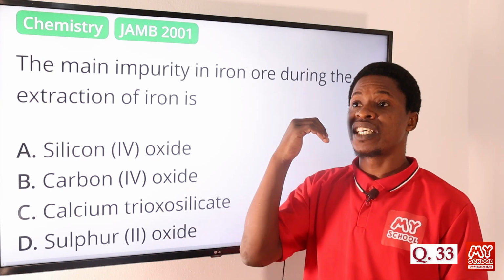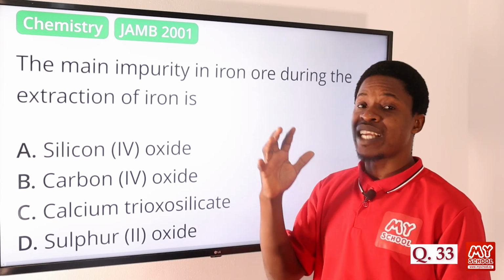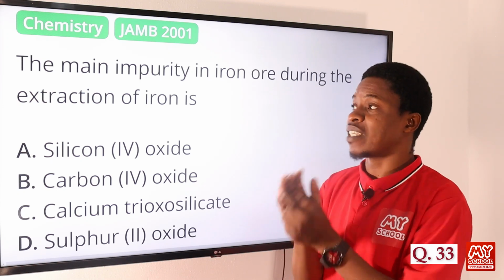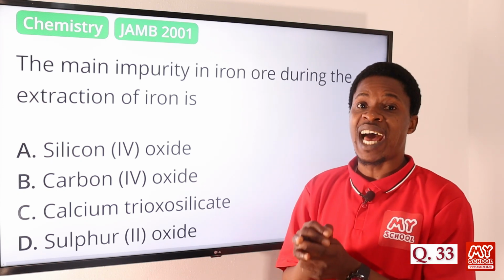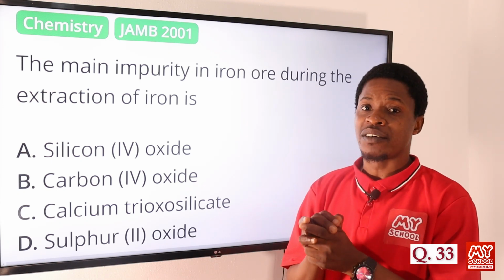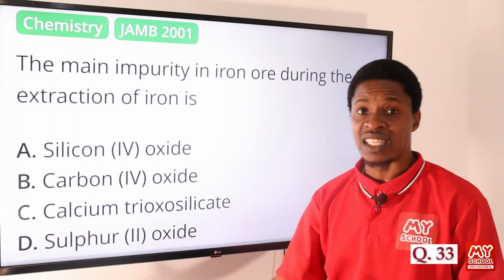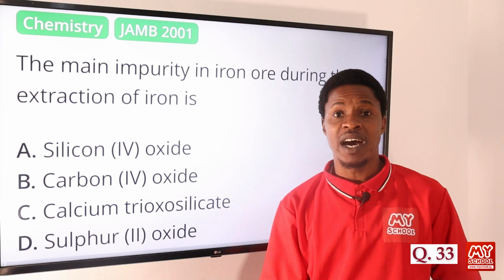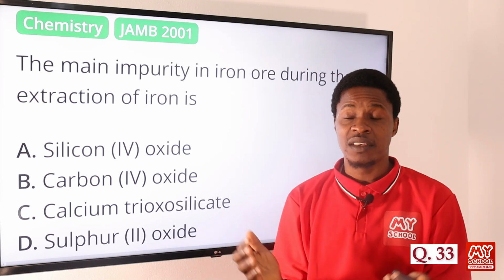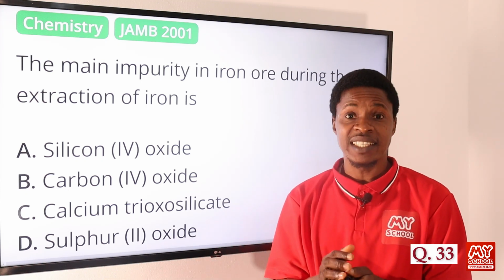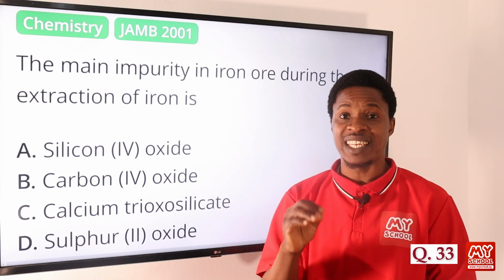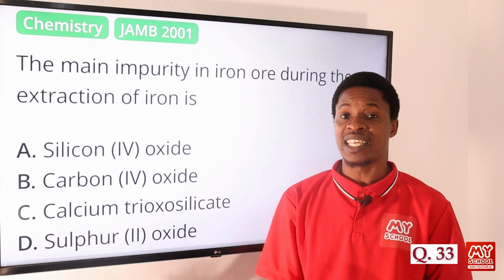But the one that has the larger percentage of impurity is actually silicon dioxide. You get this in the soil, where you have a lot of sand. That is silicon dioxide, SiO2, the formula for sand.